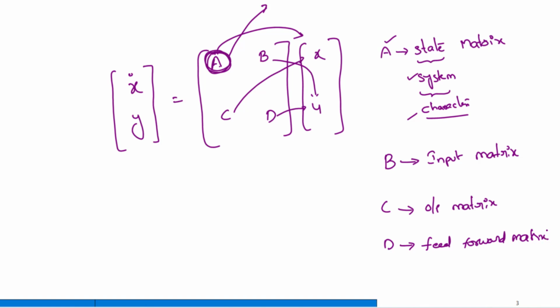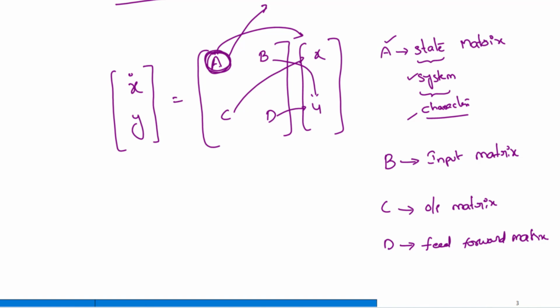Now let us see how we are going to represent this. The important thing is x dot is equal to Ax plus Bu. This equation is called the state equation. y is equal to Cx plus Du is called the output equation.